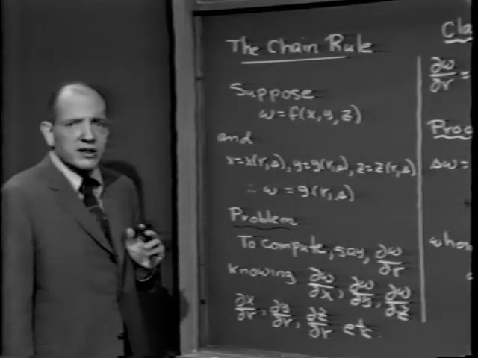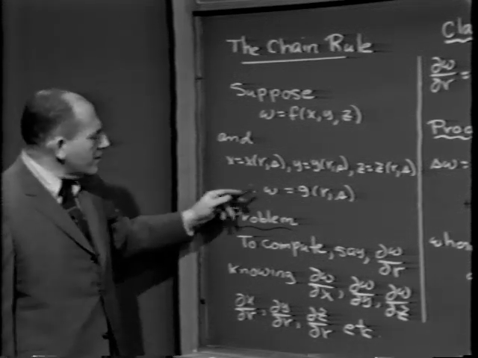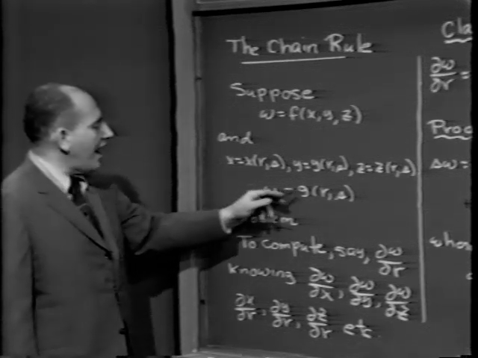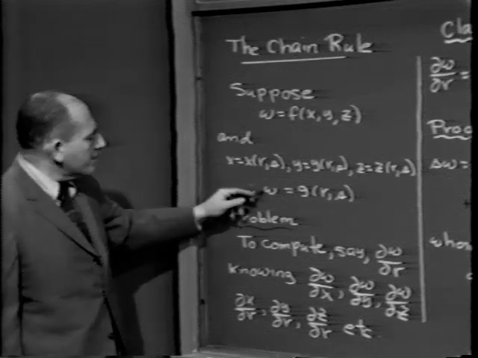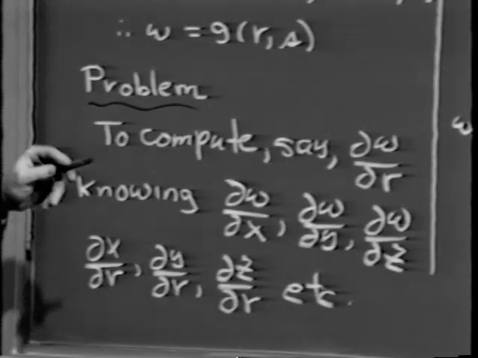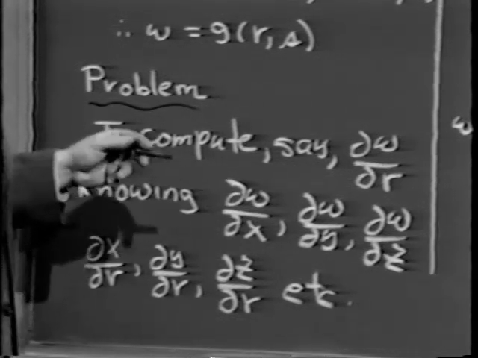That's the first question. And the second question is, okay, assuming that the answer to the first question is in the affirmative, how could we compute, for example, the partial of w with respect to r, knowing all of the so-called obvious other partial derivatives?